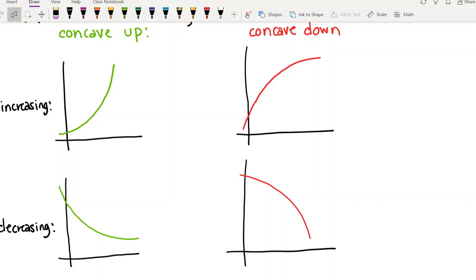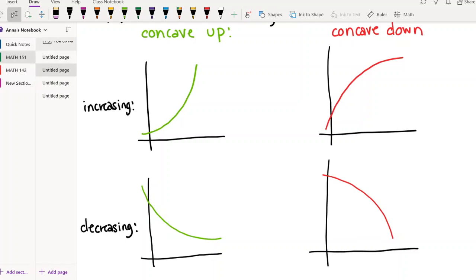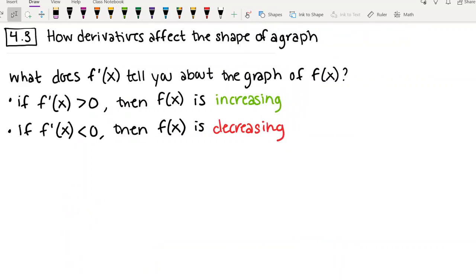Okay, so I want to go back to the first page we had and write down what we can now say about concavity using the second derivative. So here we said, what does f prime of x tell you about the graph of f of x?